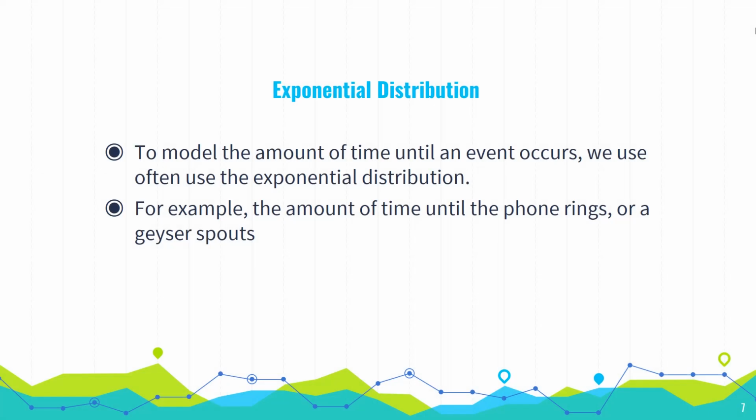Another important continuous distribution is the exponential distribution. This is often used to model the amount of time until some event occurs. For example, in a business, it could be the amount of time until the phone rings, or the amount of time until a volcano erupts, or until it rains, or something like that.